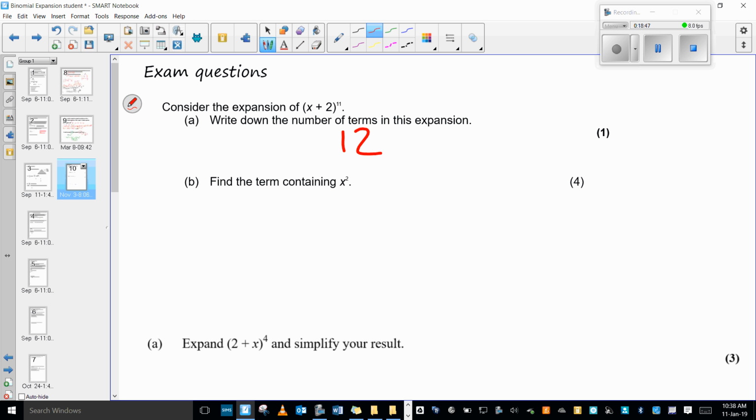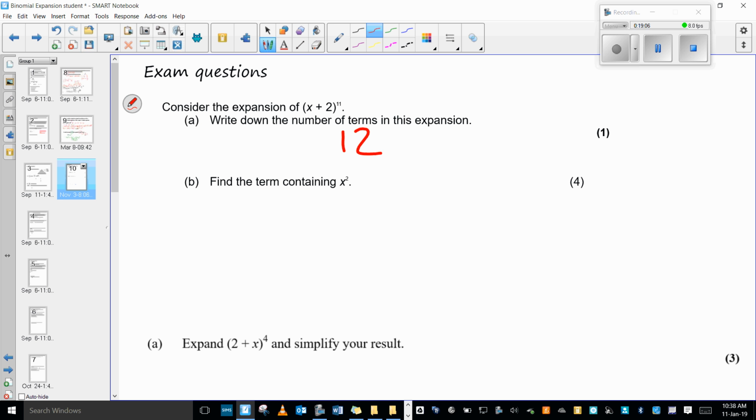Right, find a term containing x squared. So this is where we go back to our original expression. We've got x plus 2. Do both of them contain an x? No, so it's just this first term that contains an x. So that's the only one we need to worry about having a power of 2.